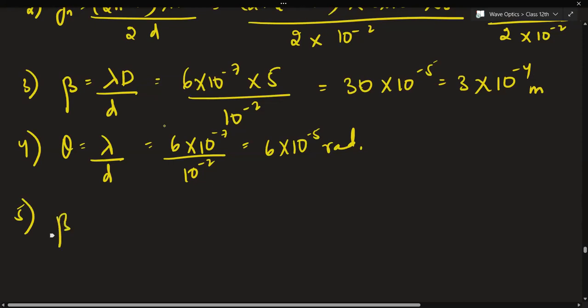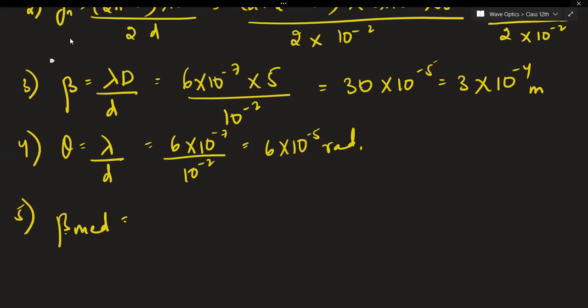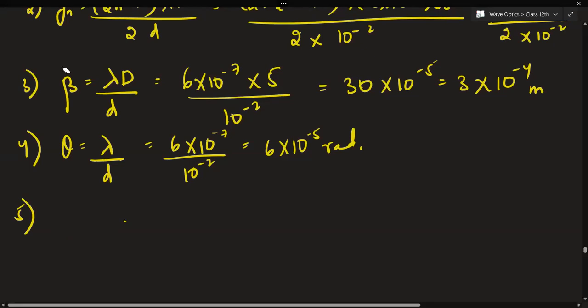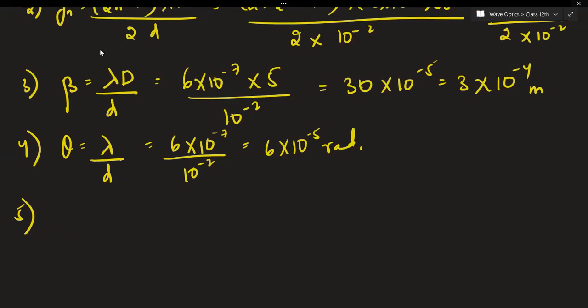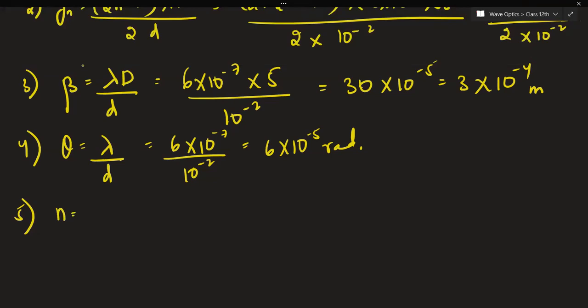There is no fifth part. Suppose we only have 4 parts. But suppose some medium has a refractive index of 2, and you're shifting to it.